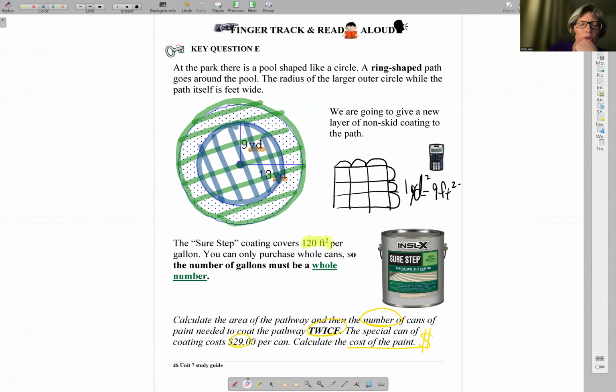Once you have those two areas, all we're going to do to get the donut is subtract. Larger circle minus smaller circle gets the pathway that we are trying to find.